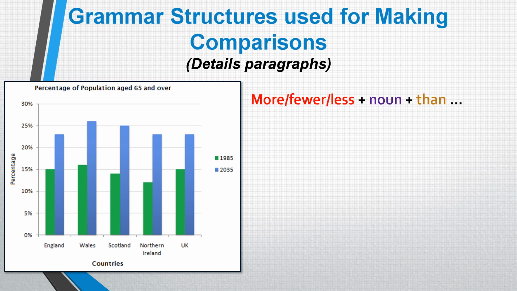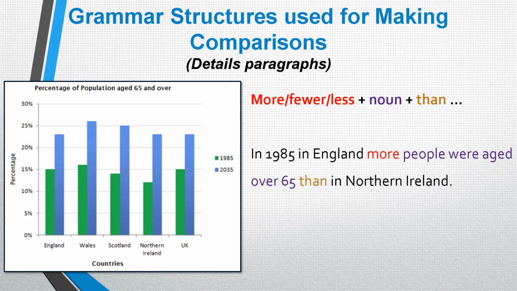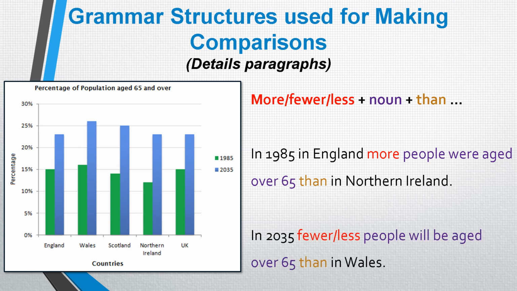So, in 1985 in England, more people were aged over 65 than in Northern Ireland. And in 2035, fewer or less people will be aged over 65 than in Wales.